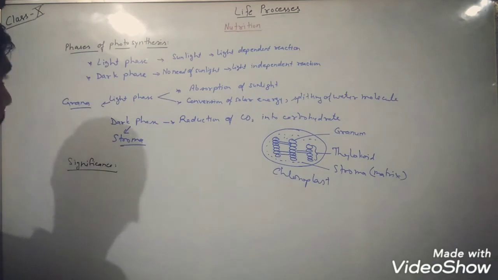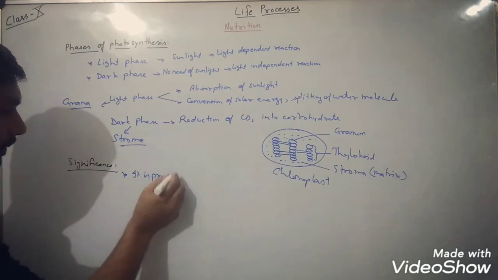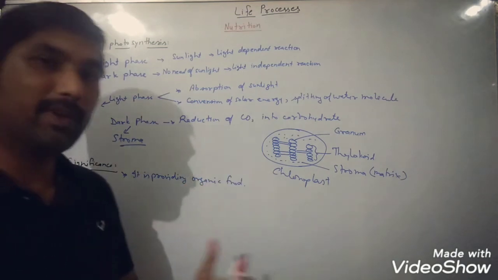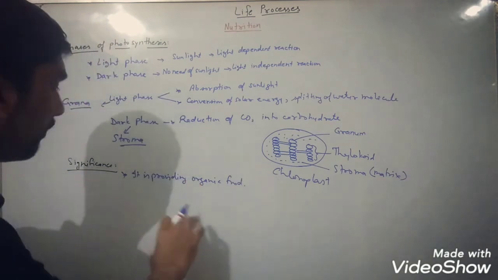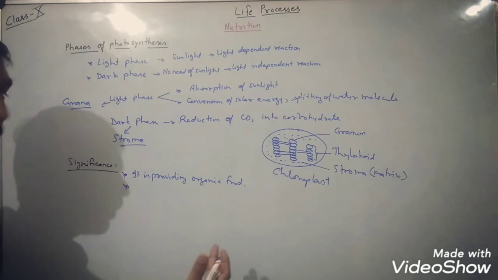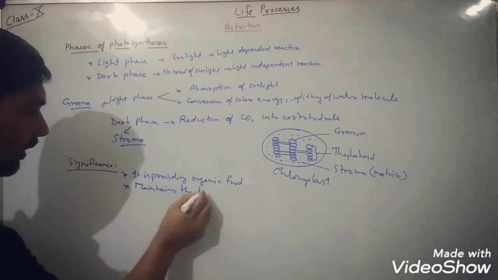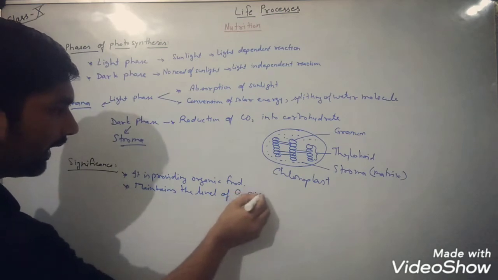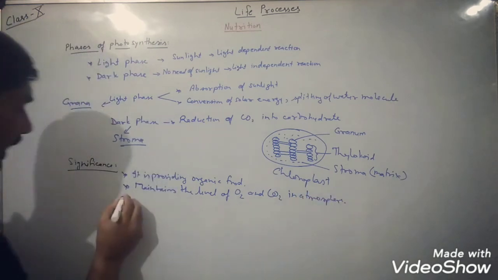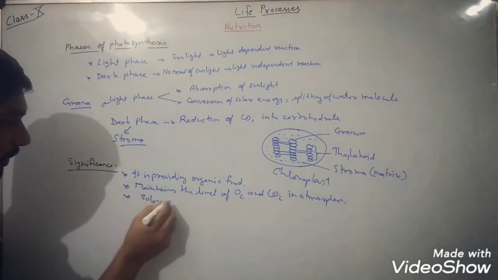The first is that it provides organic food to every living being, whether heterotroph, because they are also dependent on producers, the autotrophs. It also maintains the level of oxygen and carbon dioxide gases in the atmosphere, and this process enables the conversion of solar energy into chemical energy.